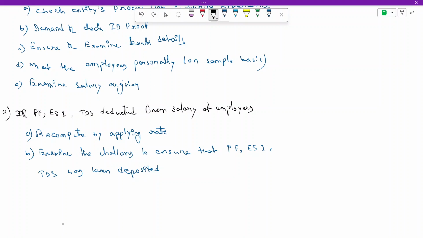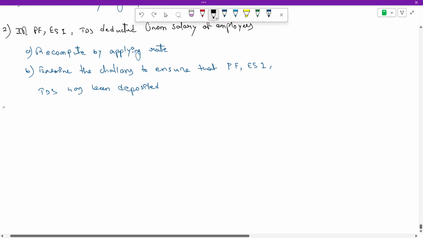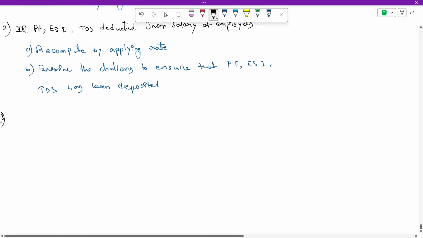Third point can be perform analytical review procedure. And what will be the analytical review procedure?